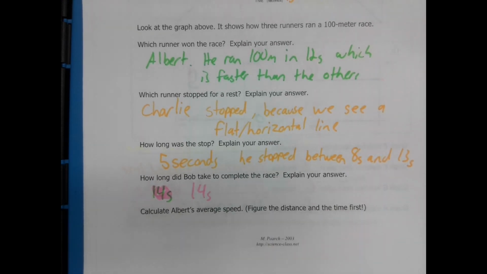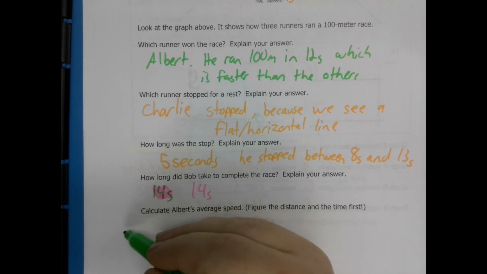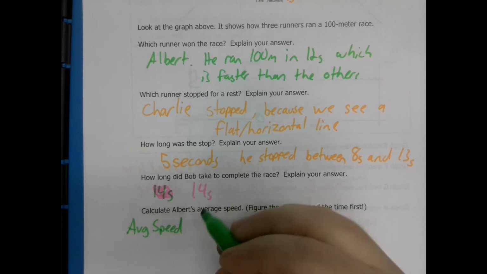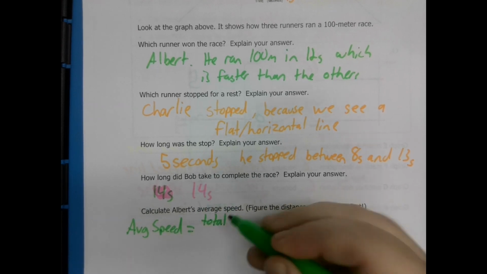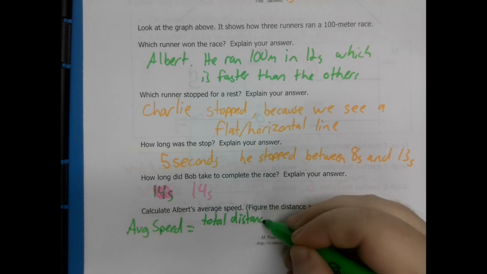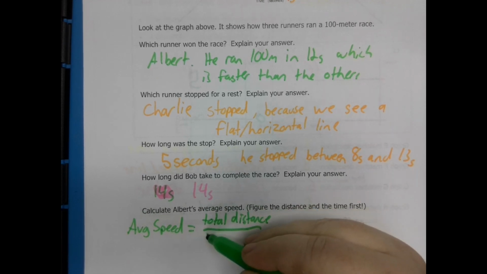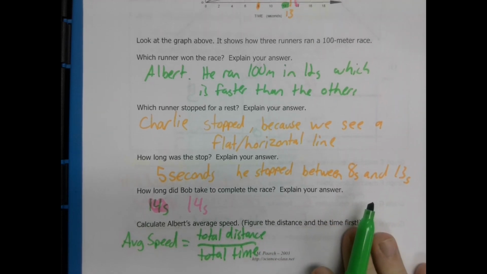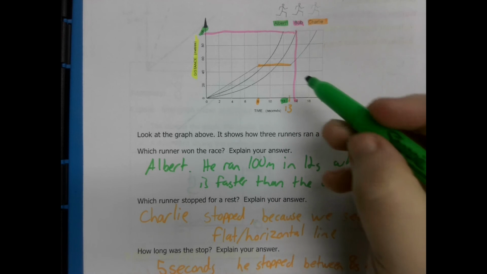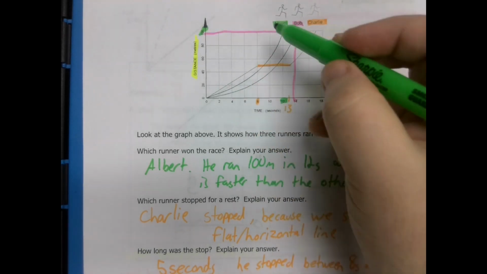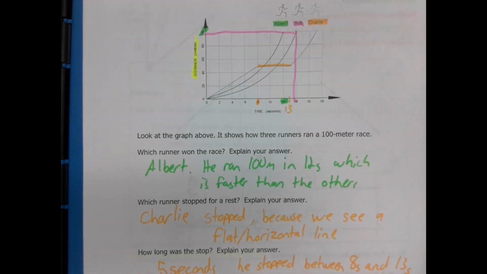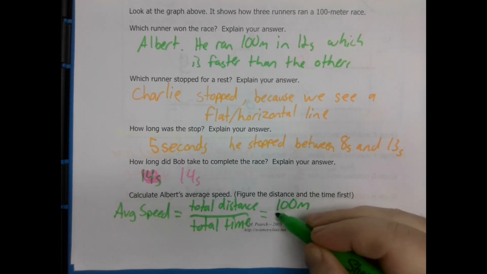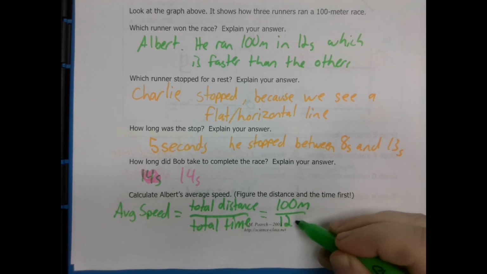Calculate Albert's average speed. So remember, average speed is equal to total distance divided by total time. So looking at Albert, he went a total distance of 100 meters, and he did it in 12 seconds.